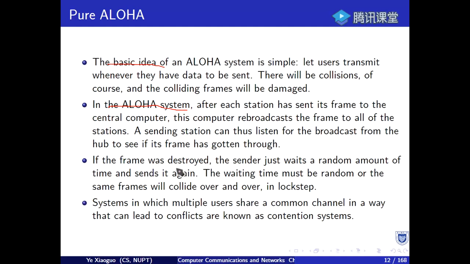If the frame was destroyed, the sender just waits a random amount of time and sends it again. The waiting time must be random, or the same frames will collide over and over in lockstep.